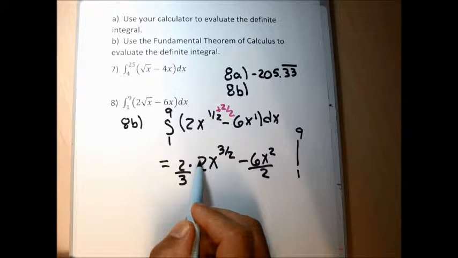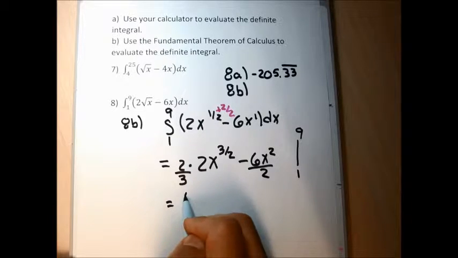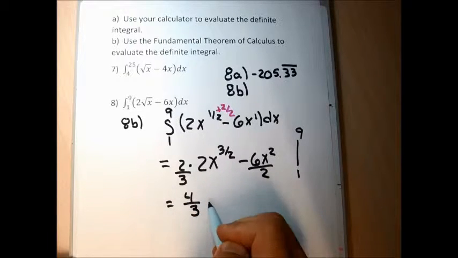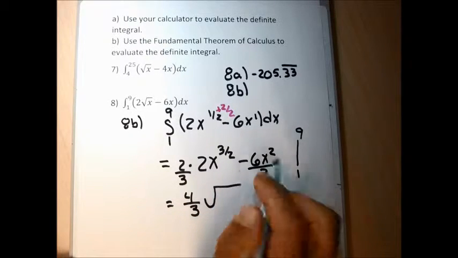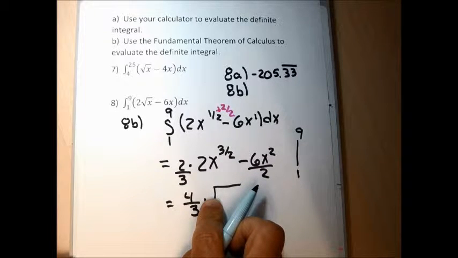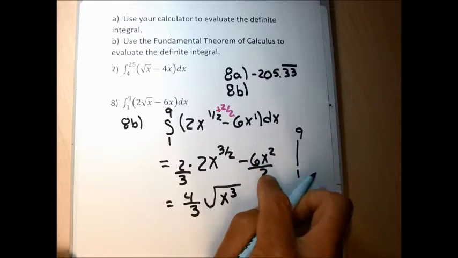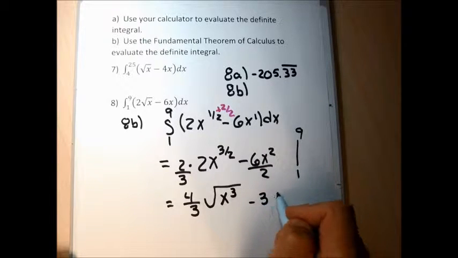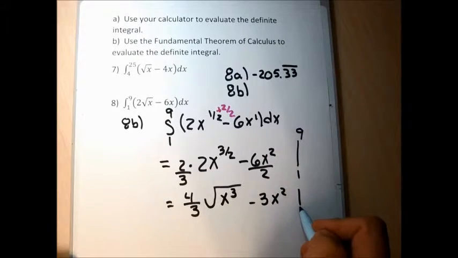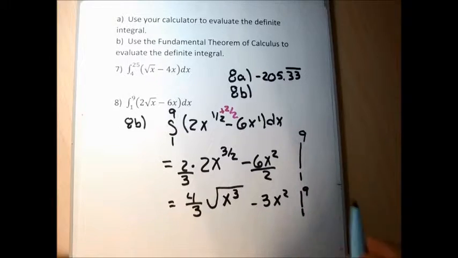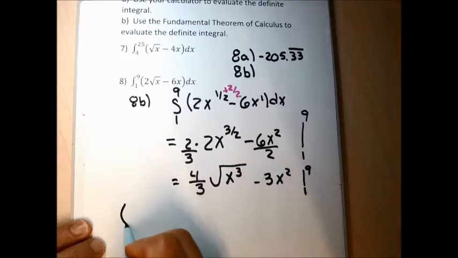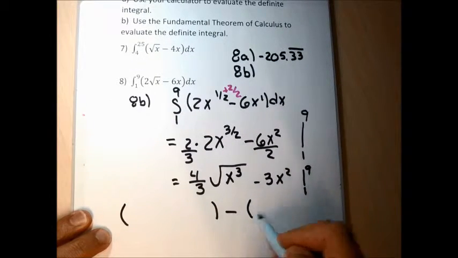This first term, I'm going to multiply the 2's together, and I'm going to get 4/3. And then I'm going to change this into a radical. The 2 becomes the index that doesn't need to be written. And then I have an x cubed. The second piece comes out to be minus 3x squared. I still haven't dealt with the 1 and 9, so I'm going to write them down. Now I'm going to make my 2 parentheses separated by a minus.